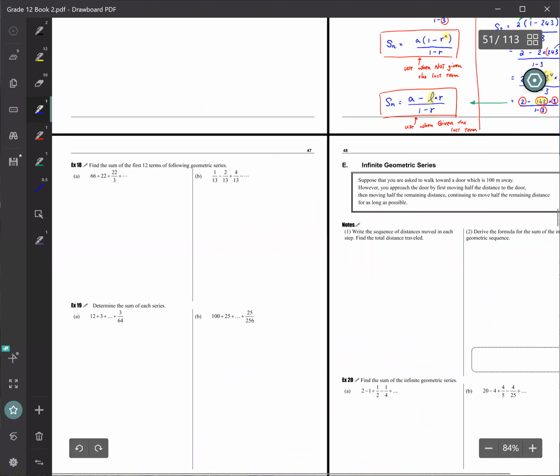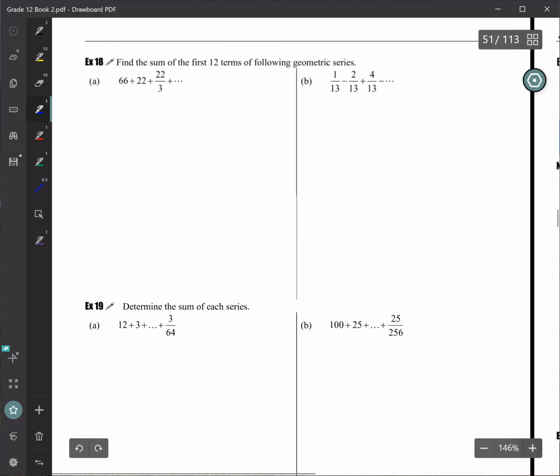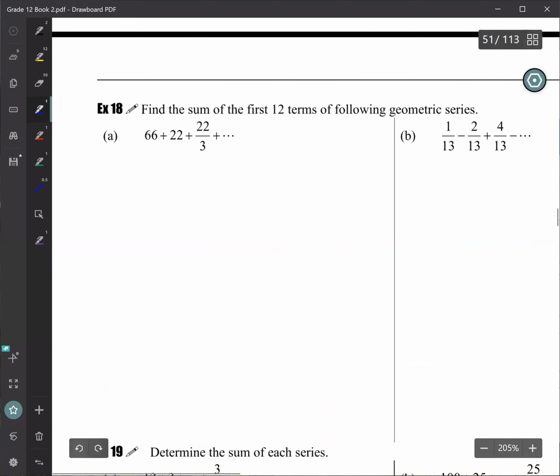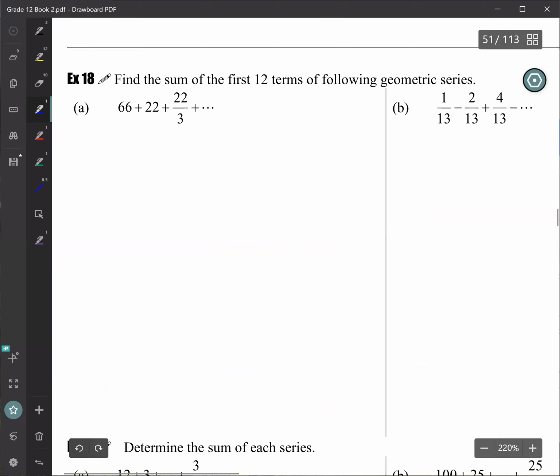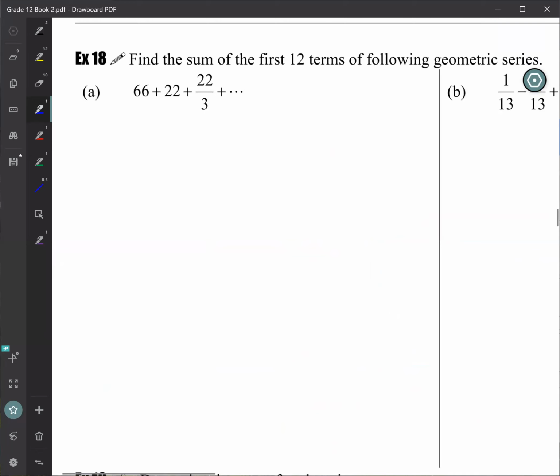Okay, question 18. You will need your calculator, so everyone grab a calculator out. For question A, do we use the first formula or the second one?